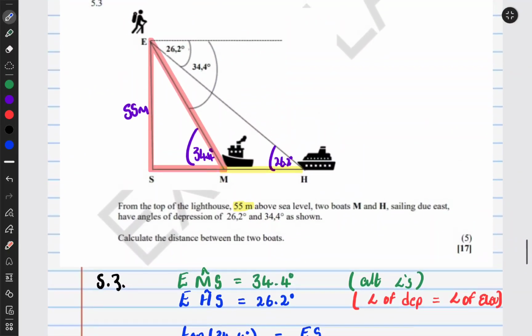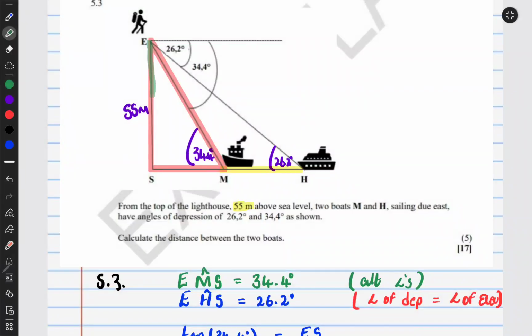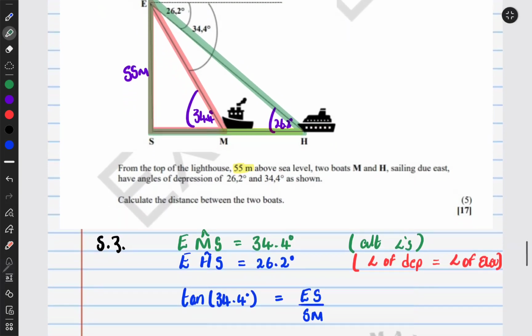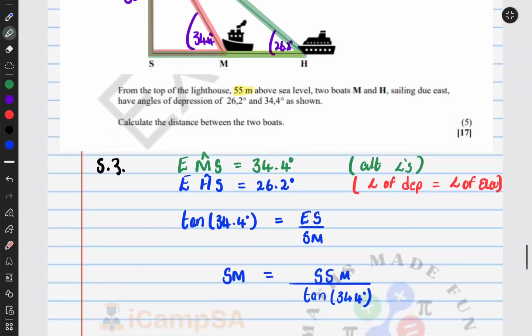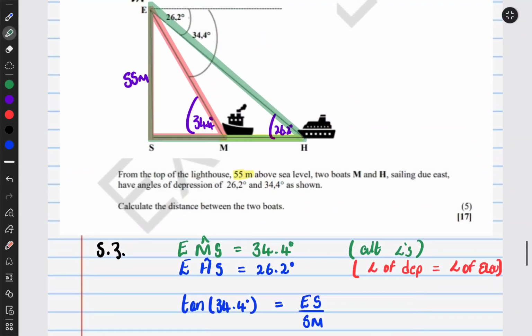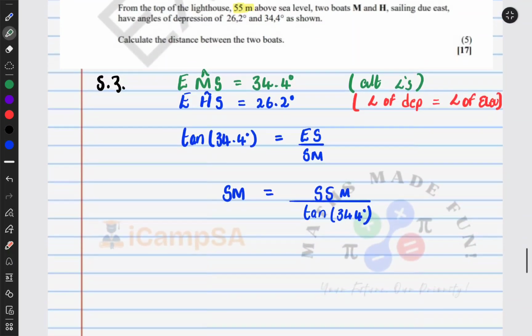Now that we have side SM, let's go to the bigger triangle and calculate side SH, with the angle there of 26.2 degrees. So we have the opposite side and the adjacent side, and we are looking for side SH, so we're going to use the tangent.